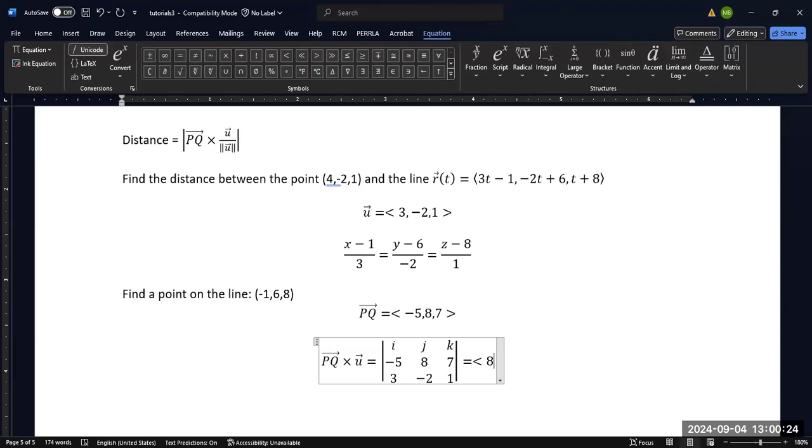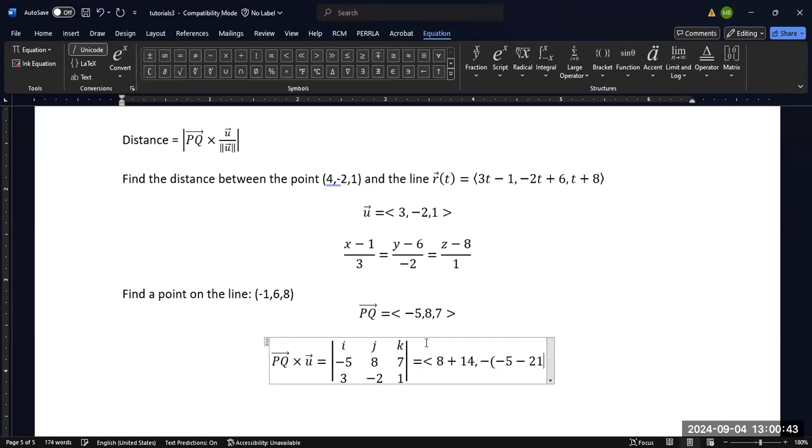And then minus -2 times 7 is -14, so plus 14. And then my J component is going to be minus -5 minus 21. So 3 times 7 and negative 5 times 1.